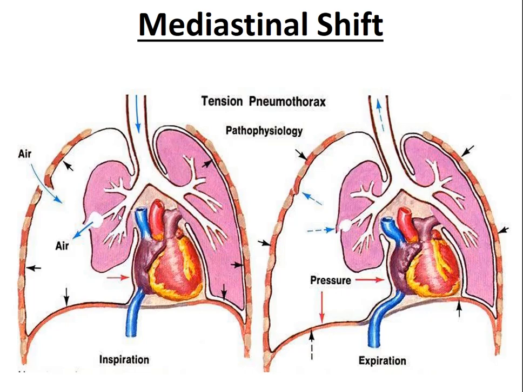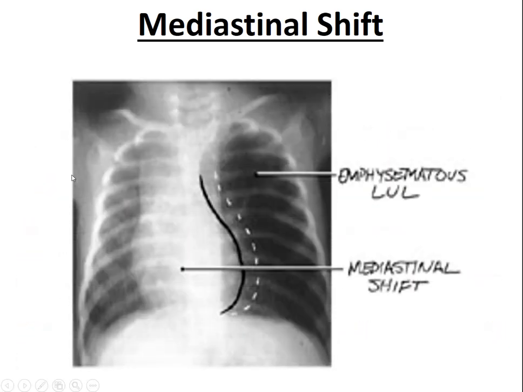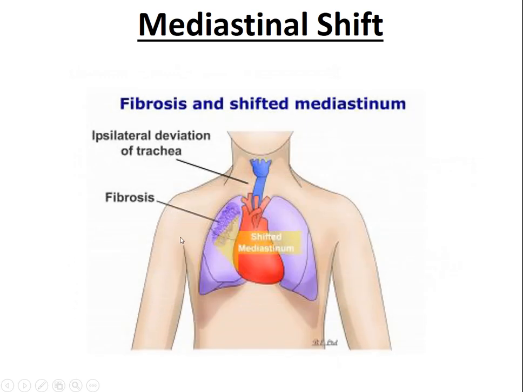But it does not always have to be shifted to the opposite side only. You can see that an emphysematous lung will push the mediastinum to the other side. But sometimes atelectasis or fibrosis of the lung causes a reduction in the size of that side of the lung, so that will cause shifting of the mediastinum to the affected side, or same side.